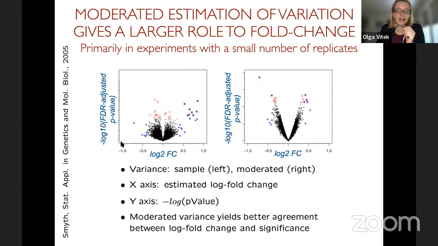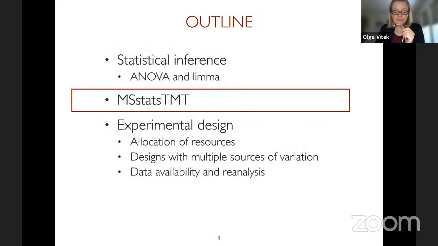Here we see that large fold changes may or may not be statistically significant just because of the instability in the estimation of fold changes, whereas here more systematically large fold changes are associated with small p-values, because the transformation from the fold change to the p-value is more linear, because the denominator is more similar across all the proteins. Okay, so I hope that Ting and Devon can answer questions as you type them, and if not, I'm happy to answer more questions after that during the break as well.